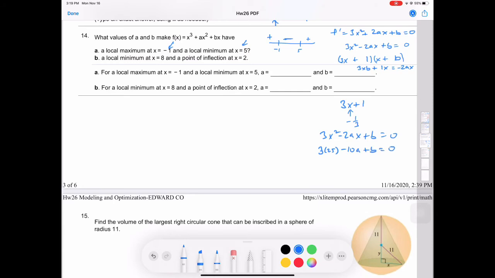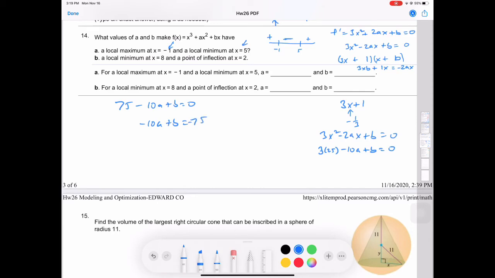And then our next verse, oh yeah, so I get it now. So this is a system of equations, I think. Wait, is it? No. Yeah, okay, so let's say it's a system of equations. So we have 75 minus 10a plus b equals 0. So this is negative 10a plus b equals negative 75.